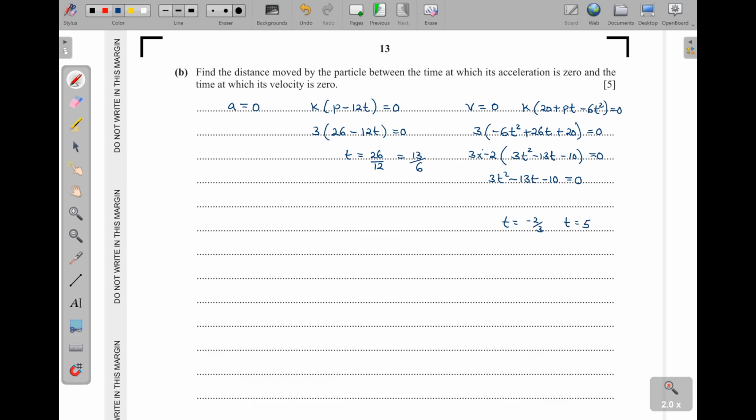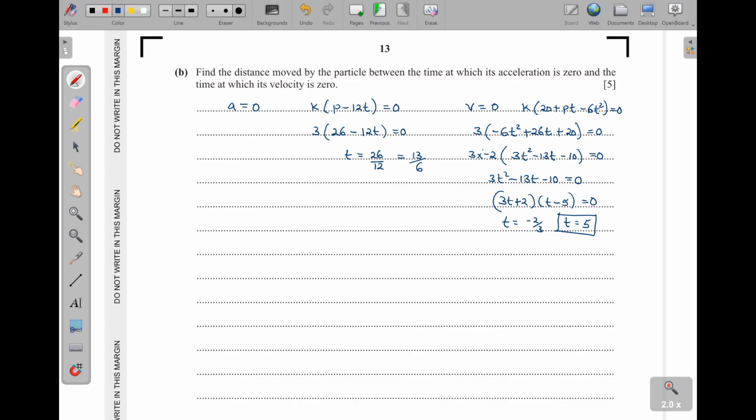So get the factors from which these roots come. First cross multiply, this one will be 3t, then bring the negative to this side. So you have t times 3, that will be 3t. Then when you bring the negative 2 here, it becomes a plus. Then when you bring this one here, it becomes a minus. By doing this you have cheated the examiner. But now here we are going to take t is equal to 5 because time cannot be negative.